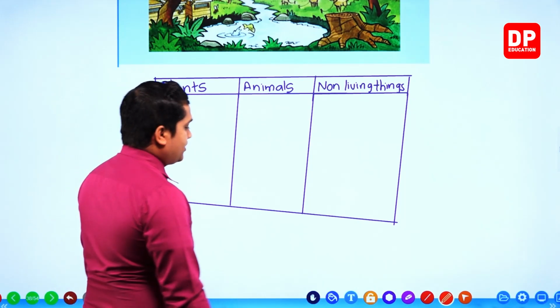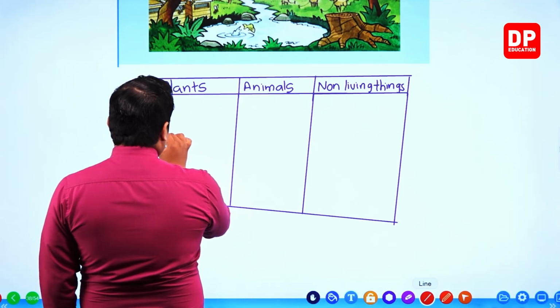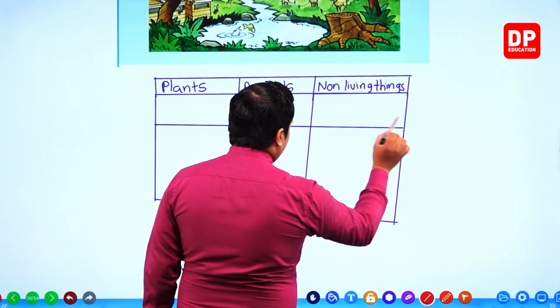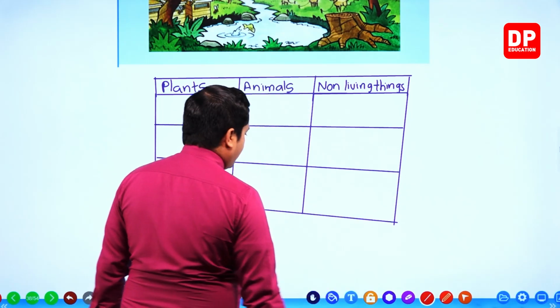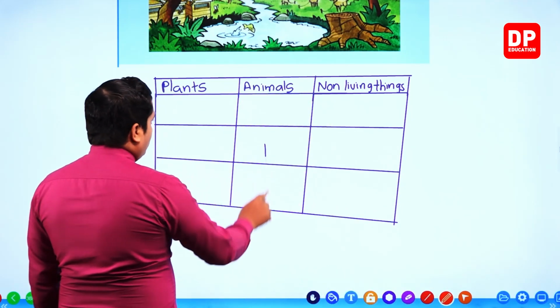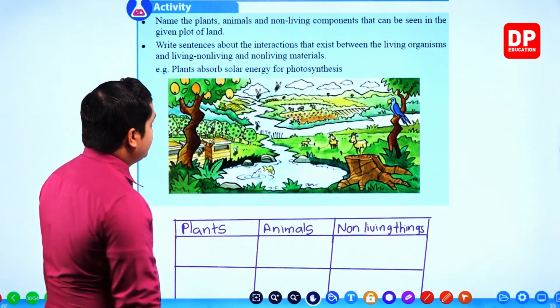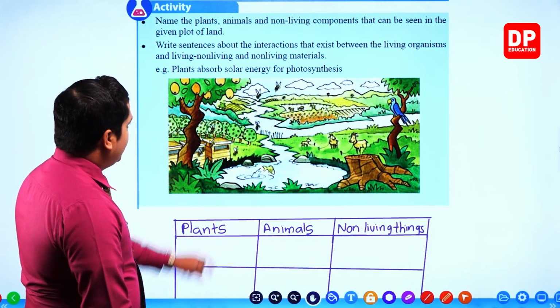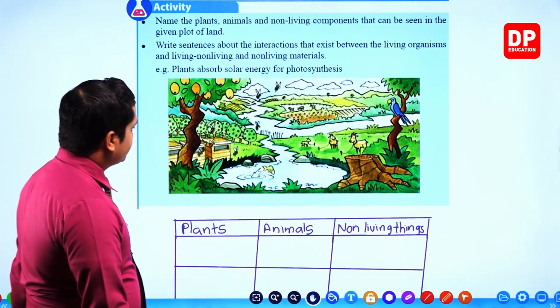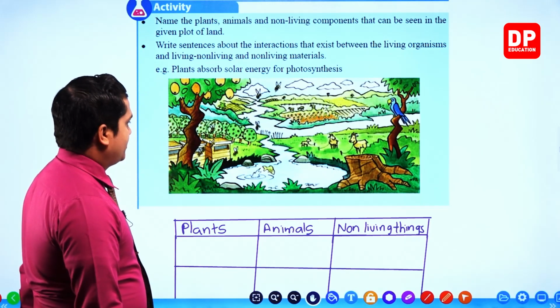So we'll write down the 3. Okay, I'll write down 3, so you have to complete the others. Right, so let's see what are things that we can observe. Let's take animals first. So here you can observe a goat, then there are bees, right, and there is a fish.